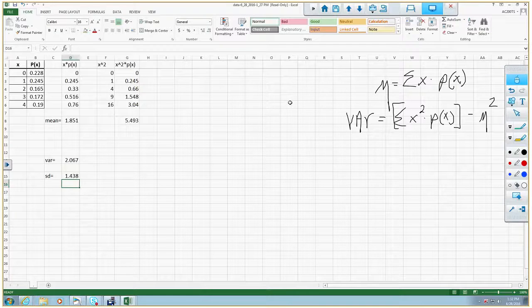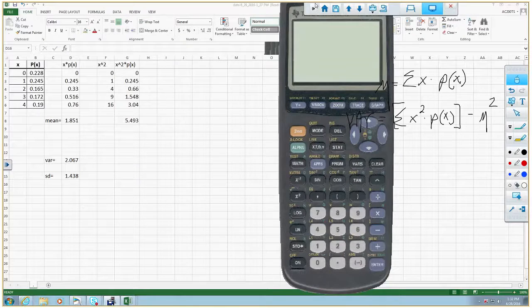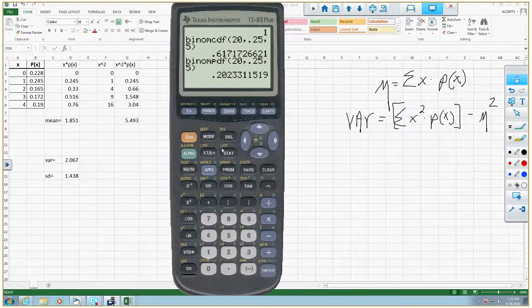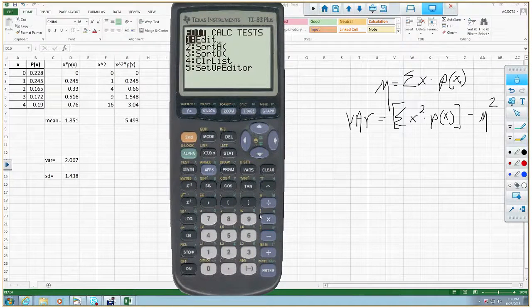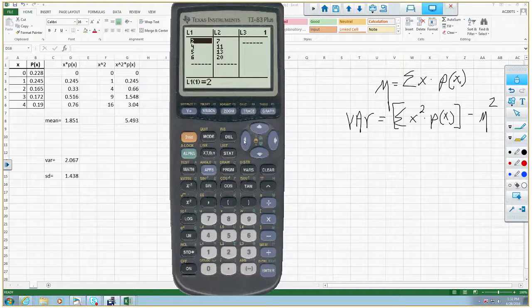Now, if you do it in your TI-83, you punch it in. Go stat, edit, L1 and L2: 0, 1, 2, 3, 4.